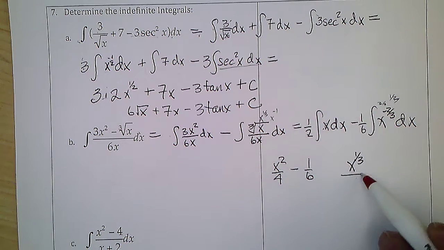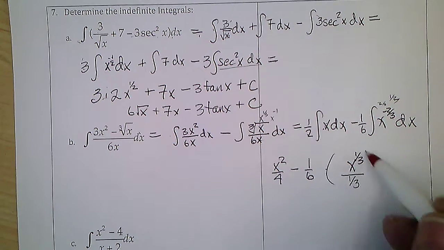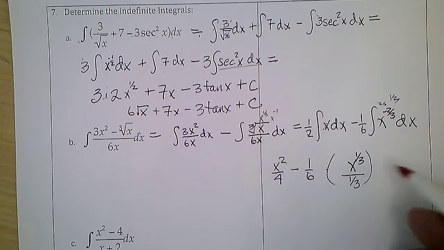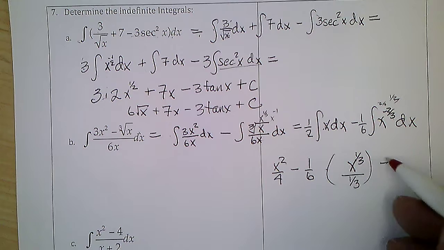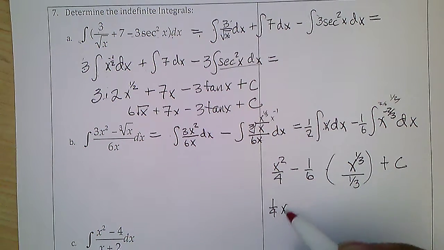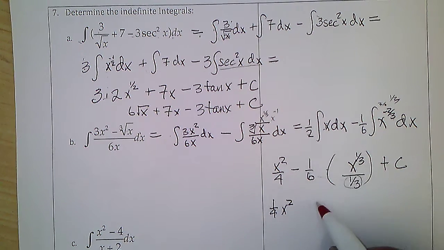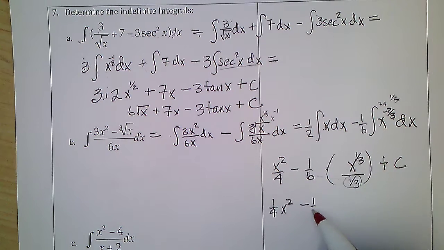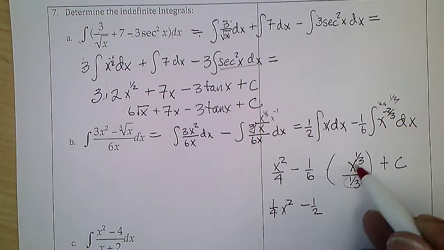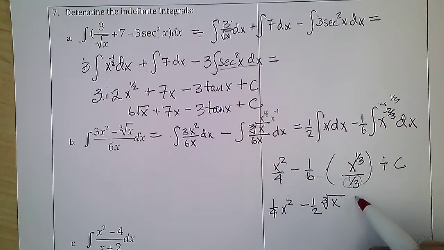But then I have to divide by 1/3, and I have it times a negative 6. So this is 1/4 x squared, and 6 multiplied by the 2/3 in the denominator makes 2, so minus 1/2, and x to the 1/3 is the cube root of x.